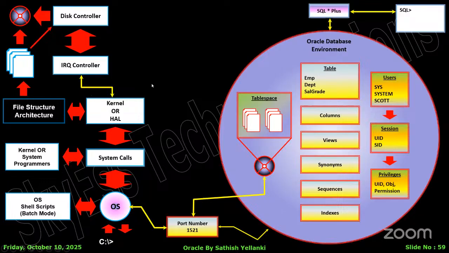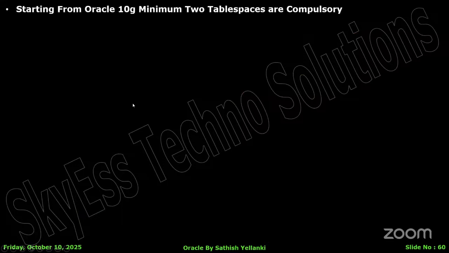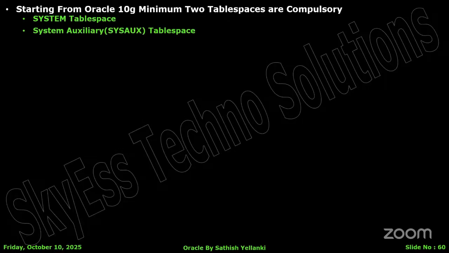So starting from 10g onwards, Oracle installs and configures two tablespaces. When you're configuring your Oracle, automatically one SYSTEM tablespace will come and another one, the SYSAUX (system auxiliary) tablespace, will come. Both are mandatory starting from 10g onwards.